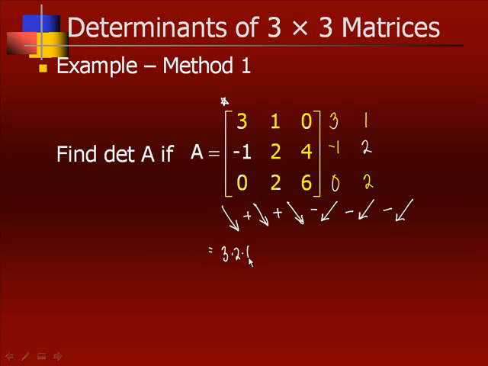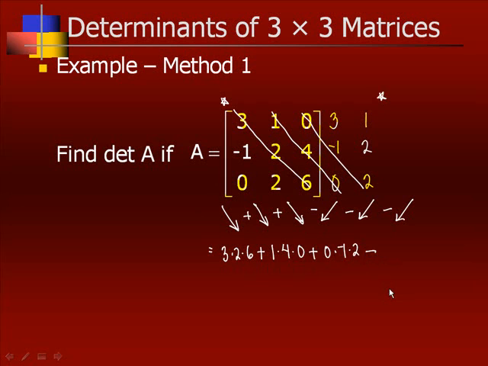Starting there, we get 3 times 2 times 6 plus, that was this row. Then we're going to go this one. 1 times 4 times 0 plus. Then we're going to do this one. 0 times negative 1 times 2. Now you notice we're out of entries over here, so then we start back up here. Minus going back.